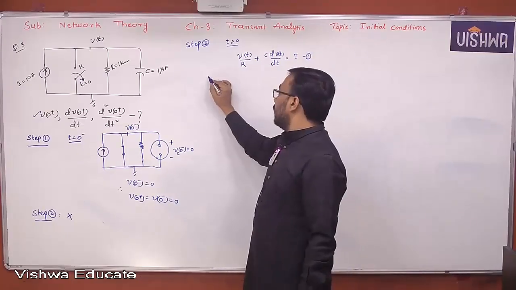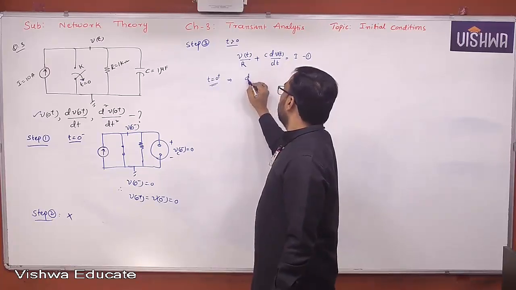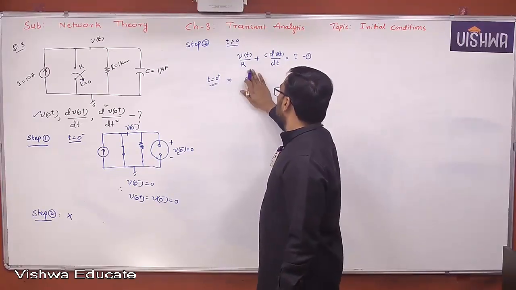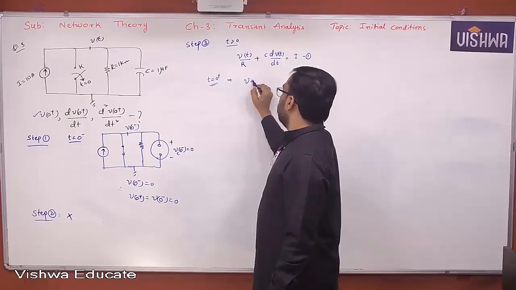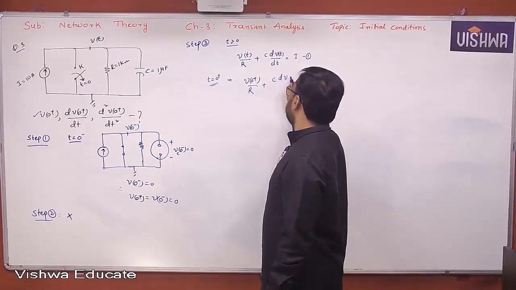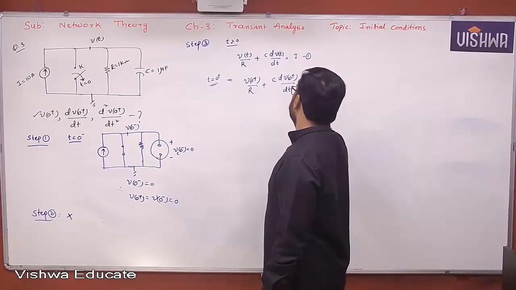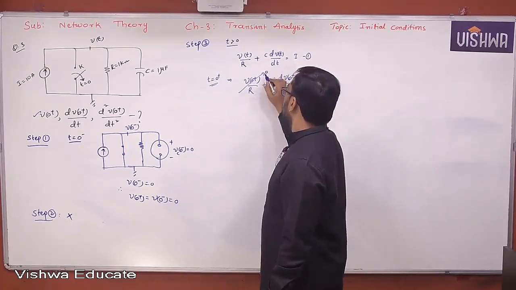Let us apply t equal to 0 plus conditions. Then what will I get here? V of 0 plus by R plus C dV of 0 plus by dt is equal to I. You know that this is 0.